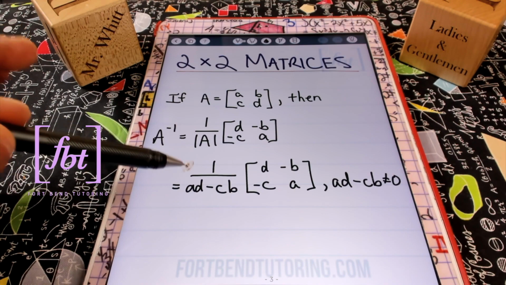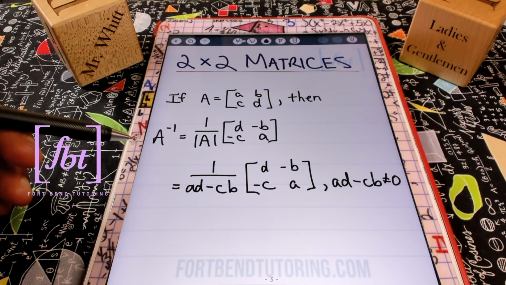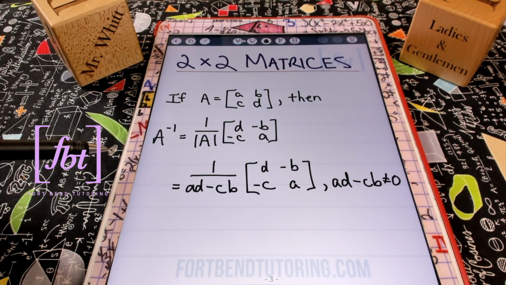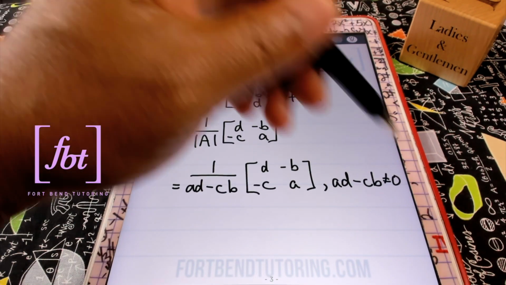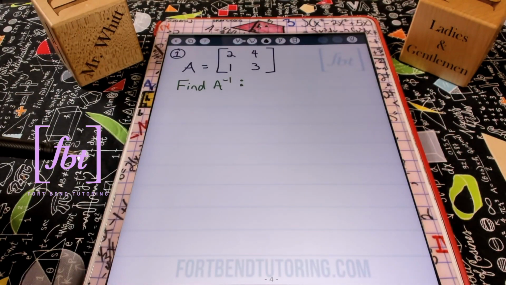So this is one of the formulas that we'll be using in order to find the inverse matrix of a 2x2 matrix. Let's continue with problem number 1.